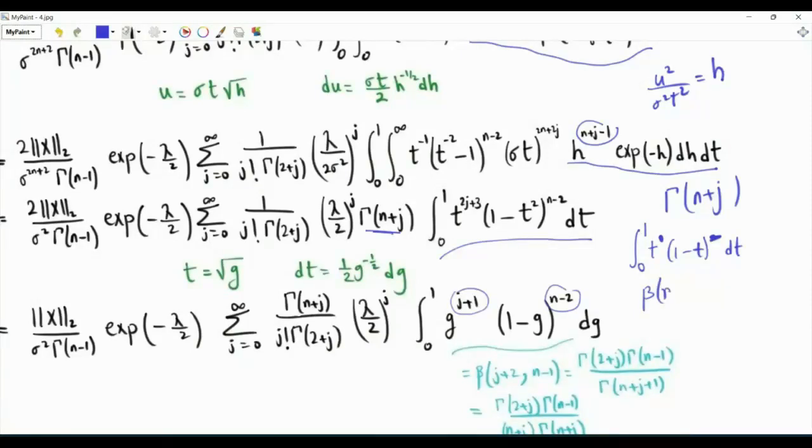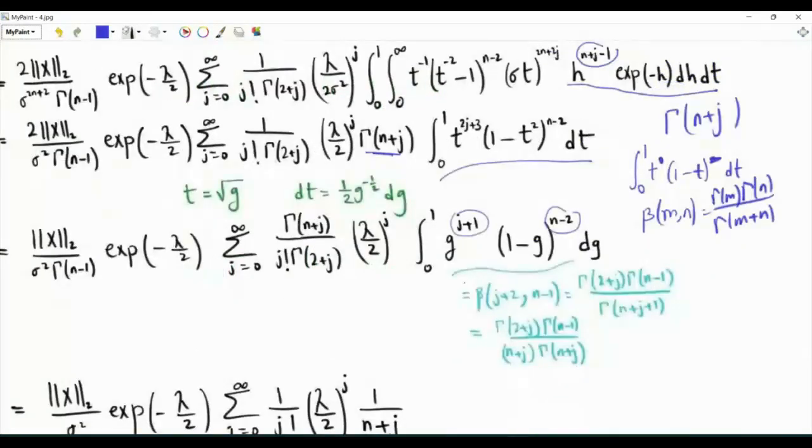We know that beta of m and n is gamma m, gamma n over gamma of the sum. So we apply this rule here, and we end up with gamma of 2 plus j, gamma n minus 1, divided by gamma n plus j plus 1. And because from the previous integration we have here gamma n plus j, and now we obtain gamma n plus j plus 1, we can use the properties of the gamma function and write this as n plus j times gamma n plus j, so that this gamma function will go away.